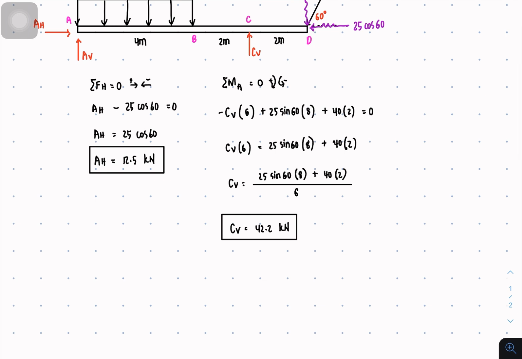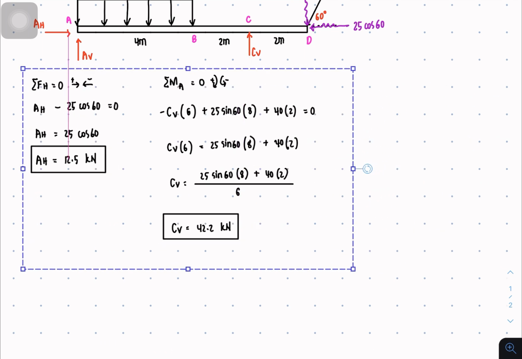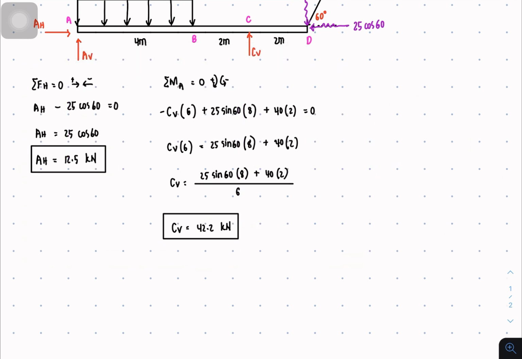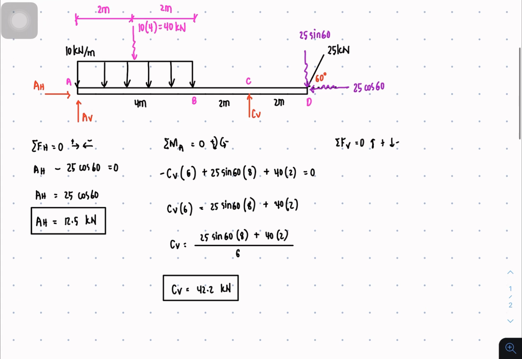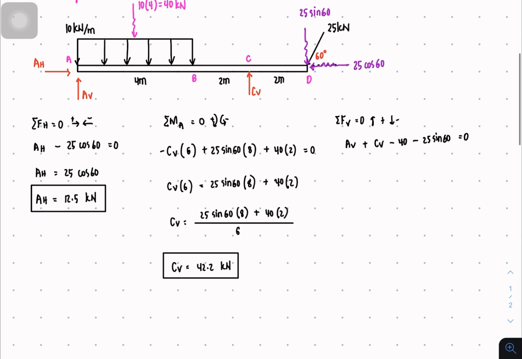So let's actually move it a little bit to the left, and let's have summation of forces vertical equal to 0. So upward positive and downward negative. So what are the forces on the vertical side? We have AV upward, and then also CV as upward forces, and then we have 40 as downward, and downward also 25 sine 60, and that's equal to 0.